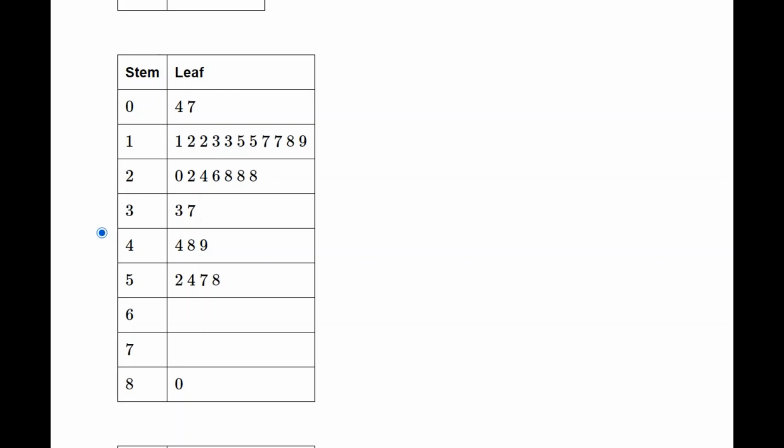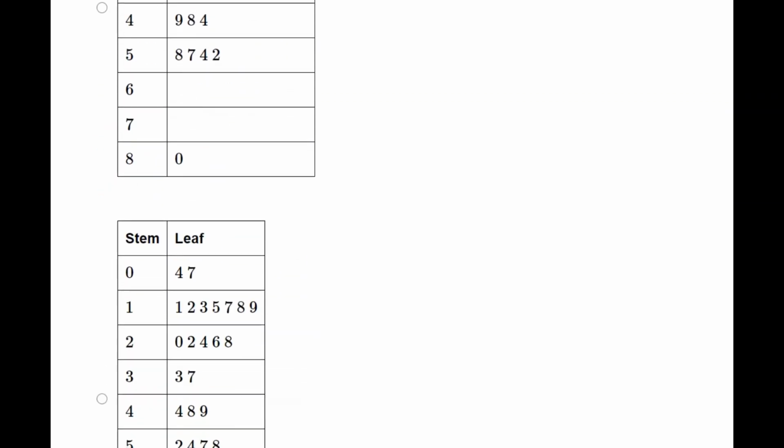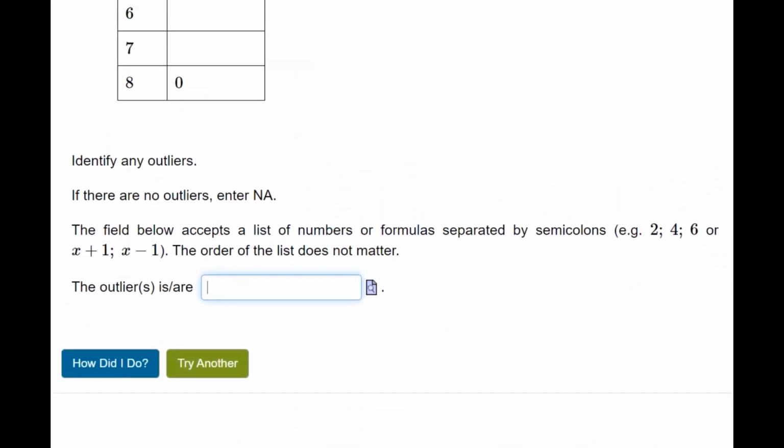So there was only one piece of information related to the stem 8. So it could have been either false or just not enough to be included in the main area, and is not really information that is suitable to analyze the data from a stem and leaf plot, and we can consider this as an outlier. So there is one outlier, which is 8.